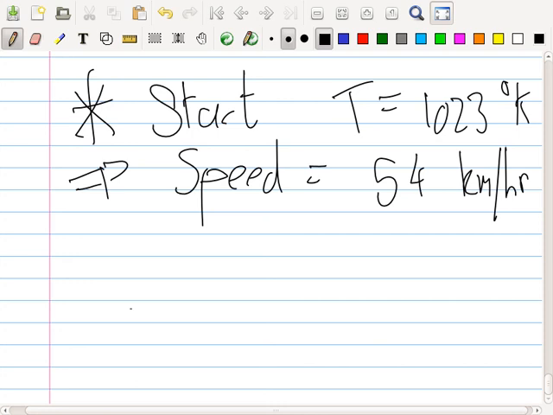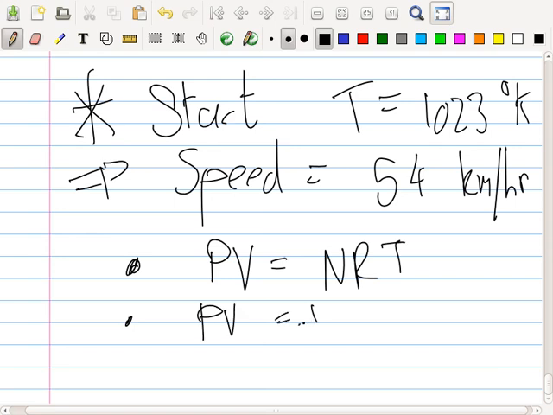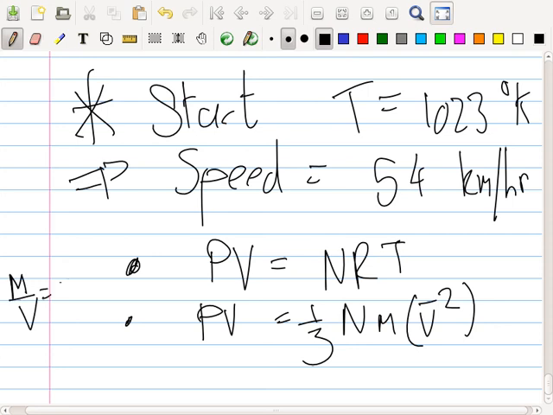And then maybe if we increase this to 2,000, maybe this will be 100 kilometers an hour. Anyways, I realize that was very long, but the point is those two equations, PV equals nRT and PV equals 1/3 nmv squared, and we also used mass over volume equals density.